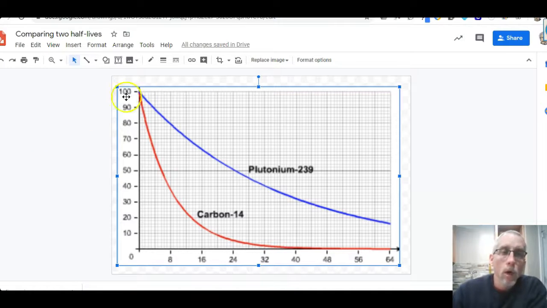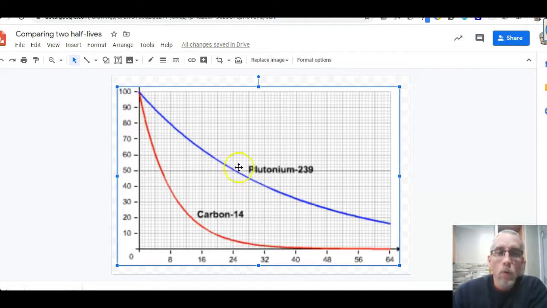Since we're starting with 100 of each, we can just look and see how long it takes to get down to 50. For the carbon-14, and I don't know what these units are, but it's less than 8. And for the plutonium-239, it's closer to 24. So it's got a half-life longer than 3 times as much.